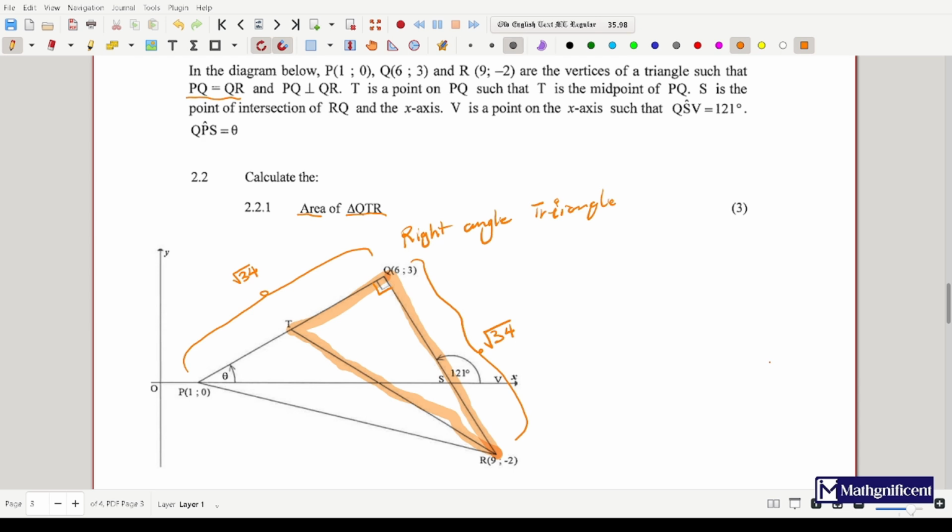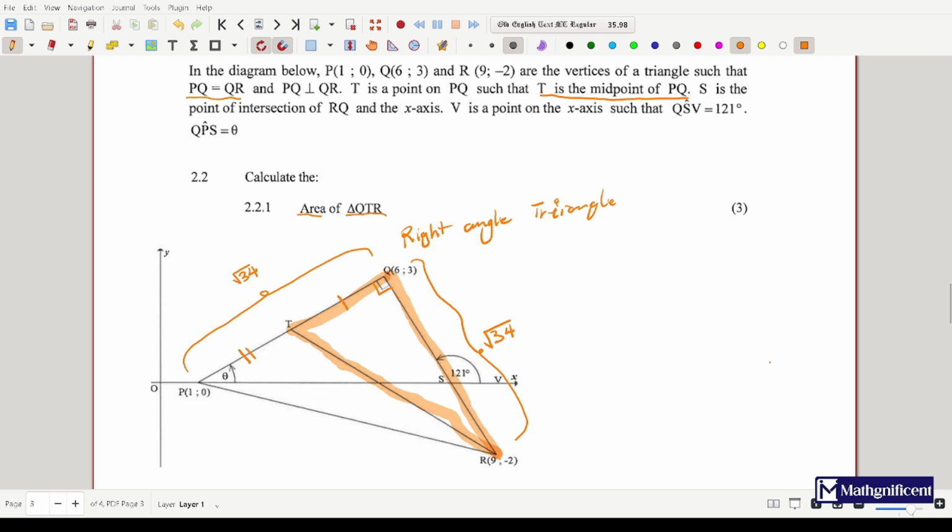So what other side can we determine from this? Looking particularly at this statement here, let me underline it. It says that T is a midpoint of PQ. What do we get from this? It means that the length of PT is equal to the length of TQ here.